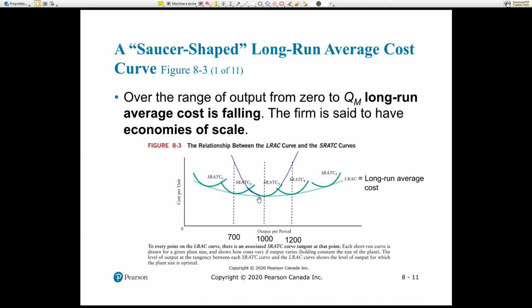So rather than stick with the machines that I was using to produce 1,000 and hire many extra employees, I'm going to increase the number of machines and employees in the right proportions, and I'm going to get to this new short-run average cost curve. But that's going to get me the best cost on the long-run average cost curve. Does that make sense? There's a lot going on there.